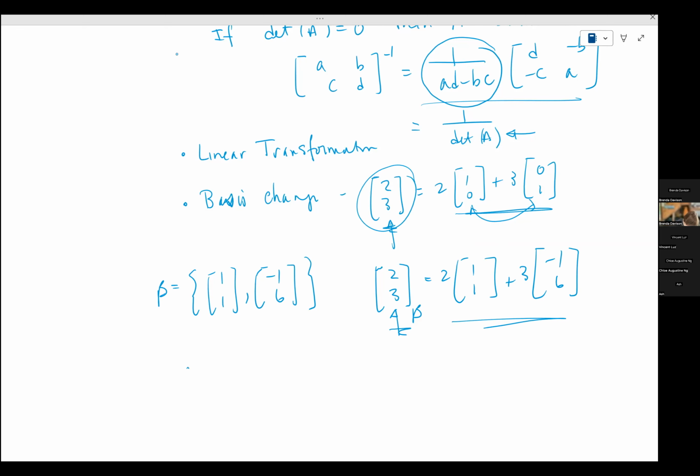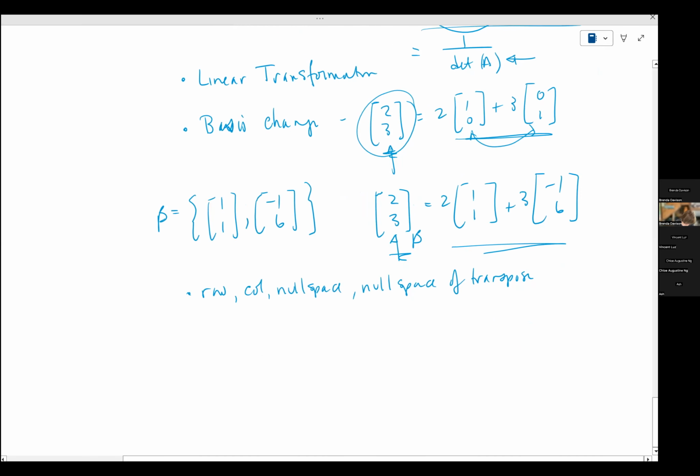The one we talked about quite a bit was the idea of the row space, the column space, the null space, and the null space of the transpose. The idea that matrices have these things associated with them, and alongside that is the rank nullity theorem. That's our major theorem that we've had.